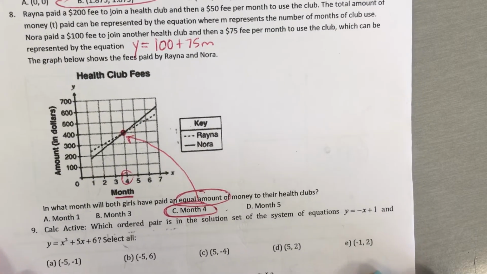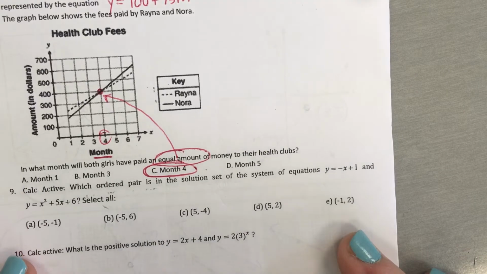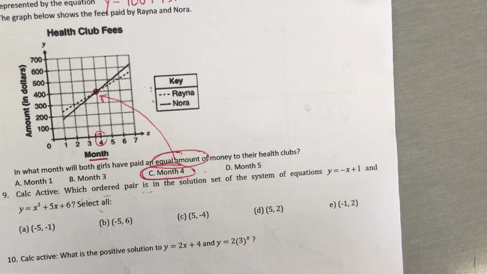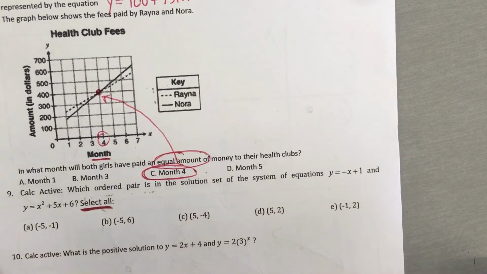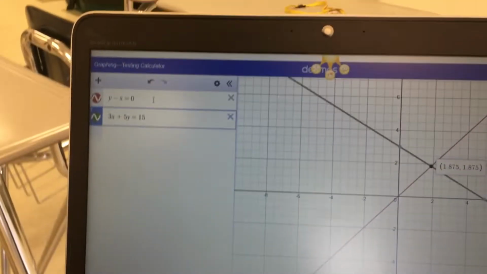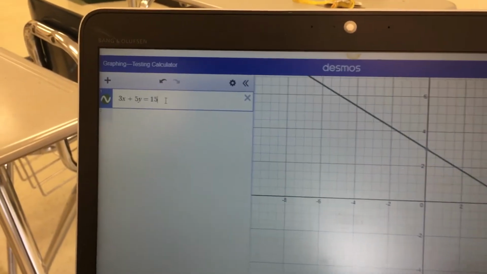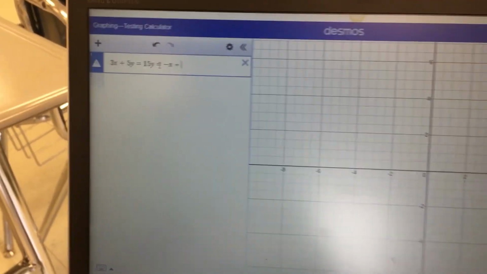Calculator active. Which ordered pair is the solution set of the system of equations y equals negative x plus 1 and y equals x squared plus 5x plus 6? Select all. Select all means there's going to be more than one answer. Okay, so let me type this one in. y equals negative x plus 1.